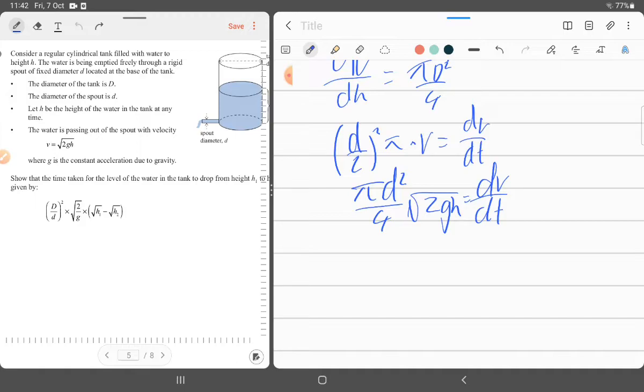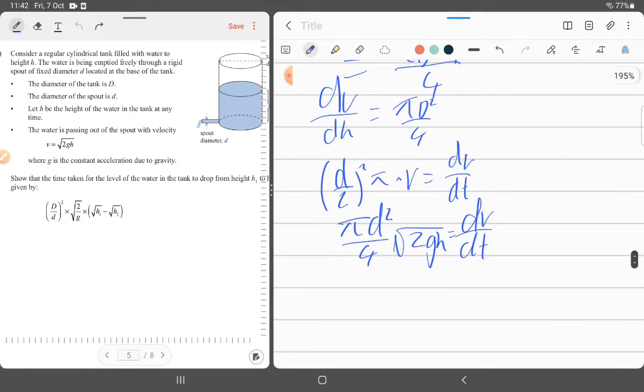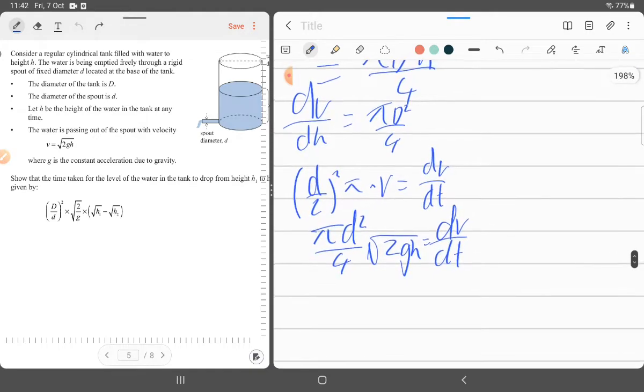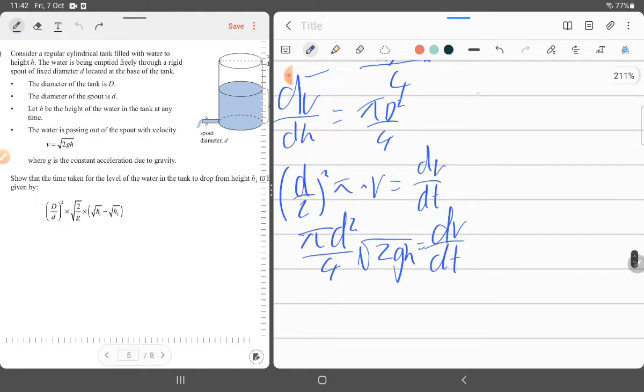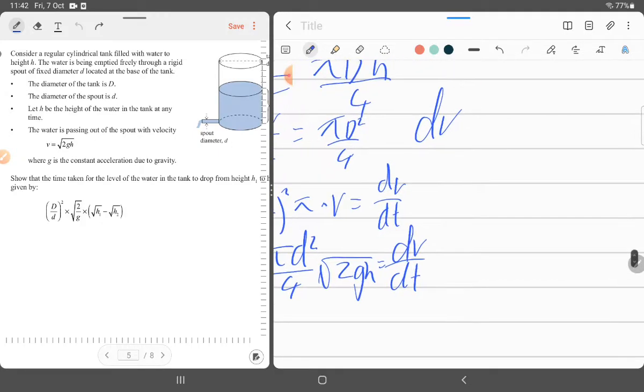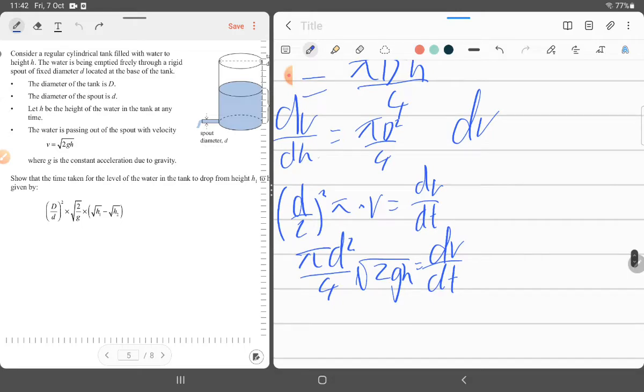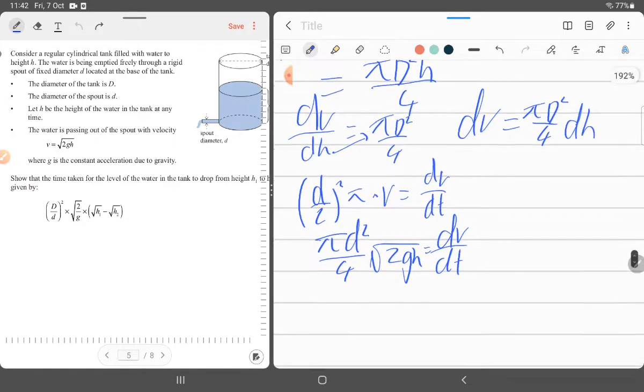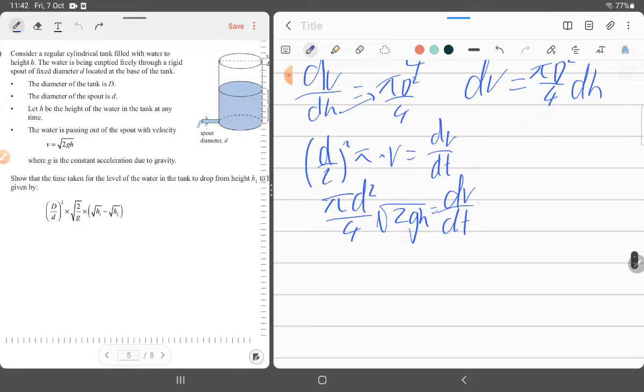Actually, is it possible to replace dV? So dV is equal to pi D squared over 4 dH. Then, can I replace this with here?